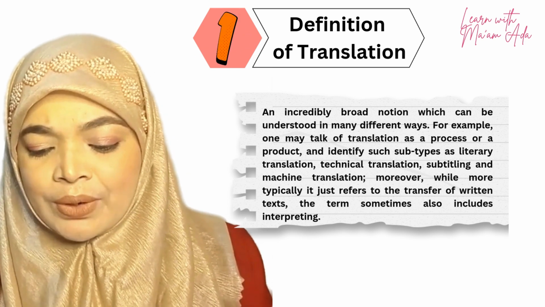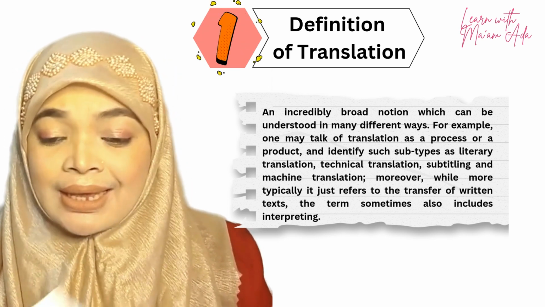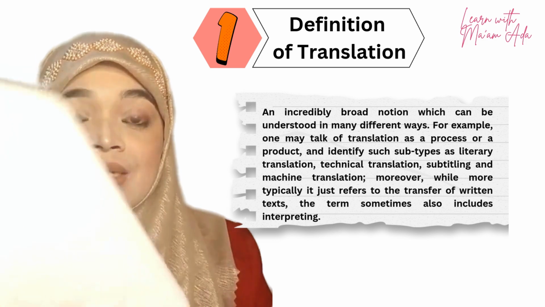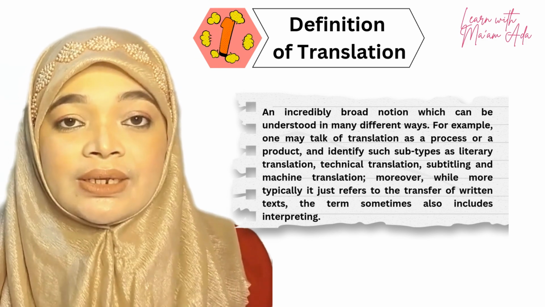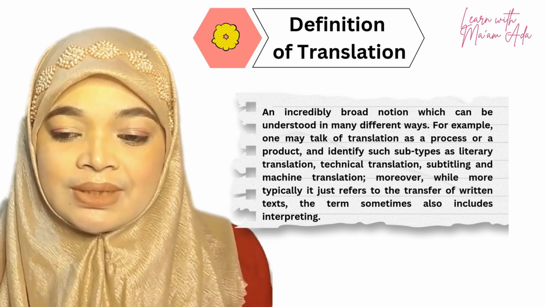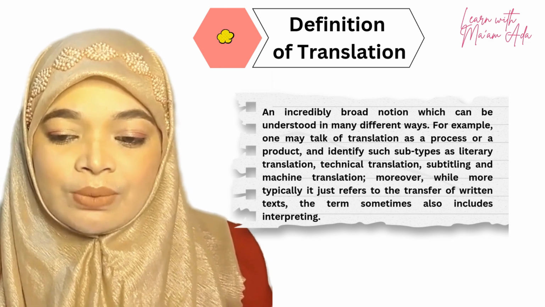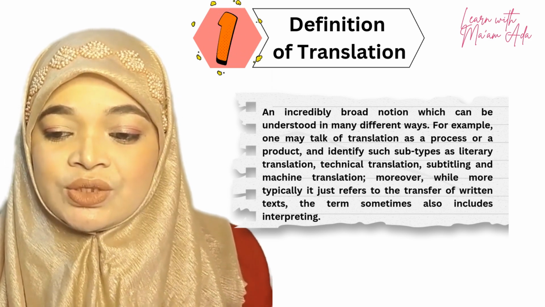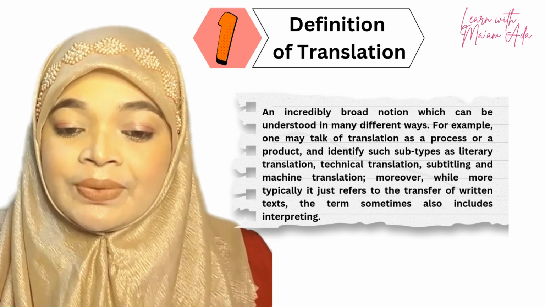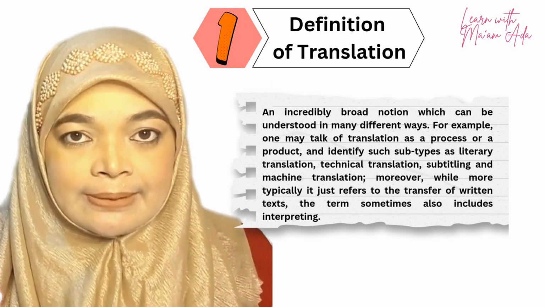For example, one may talk of translation as a process or a product and identify such subtypes as literary translation, technical translation, subtitling, and machine translation. Moreover, while more typically it just refers to the transfer of written texts, the term sometimes includes interpreting.